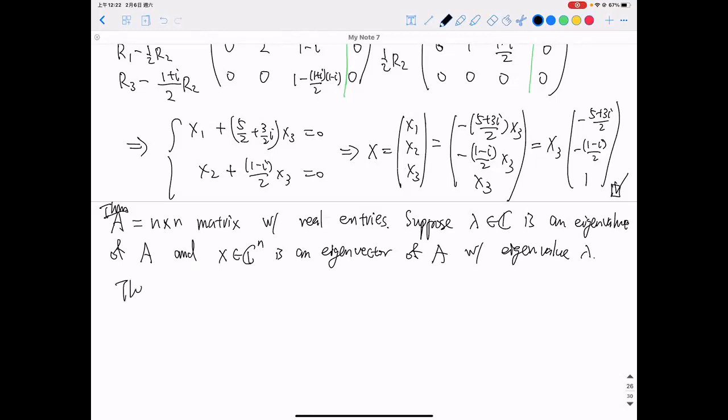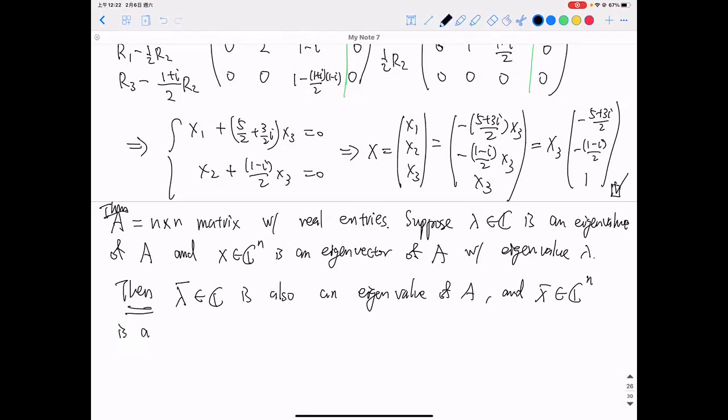Then the theorem says that lambda bar, this complex number, is also an eigenvalue of A, and the vector x bar is an eigenvector of A with eigenvalue lambda bar.